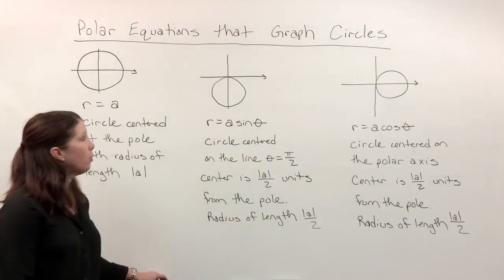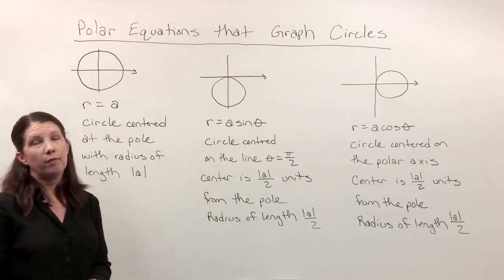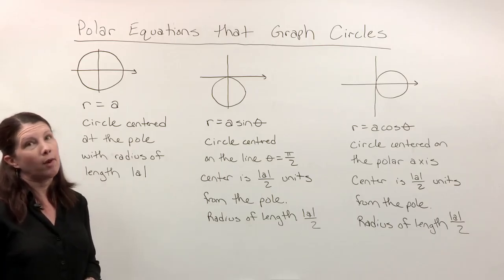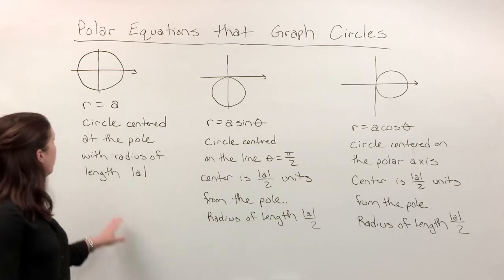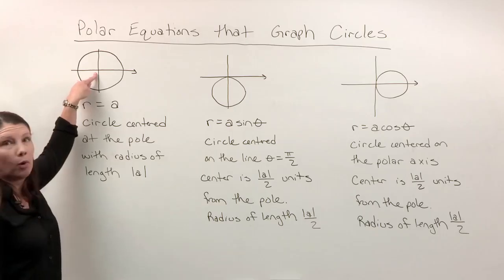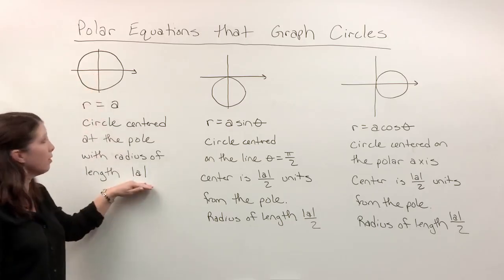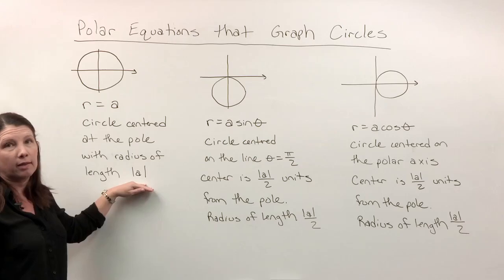Next, we will look at polar equations that graph circles. There are 3 different forms of a polar equation that we will examine, all of which form the graph of a circle. The first type of circle that we'll look at is a circle that's centered at the pole, which means its center is at the point (0, 0), and has a radius that is the length of the absolute value of a.